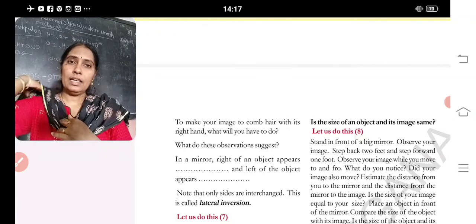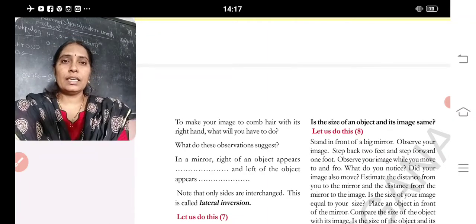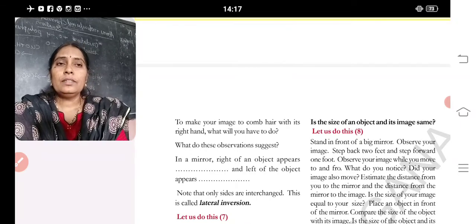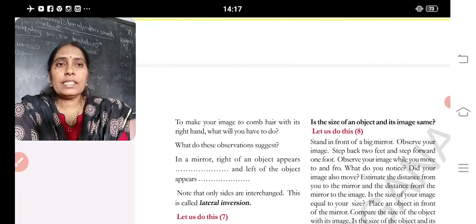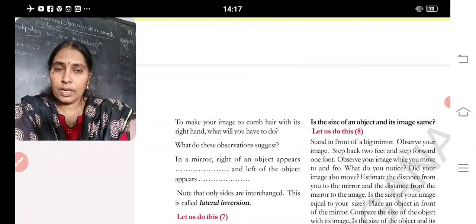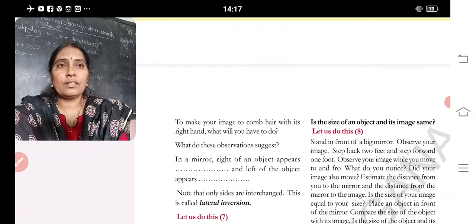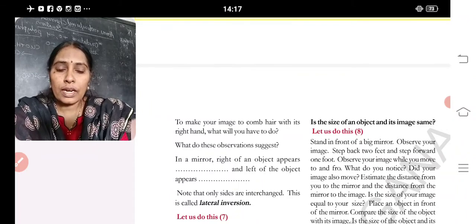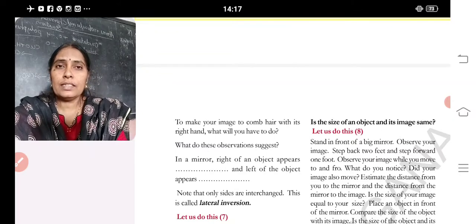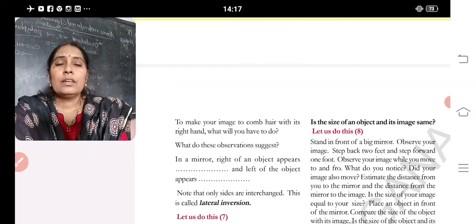That is one topic we discussed. The next is that if we raise our right hand, it looks like the left, and the left hand looks like the right. This shows it is a lateral inversion. If right looks left and left looks right, this is said to be a lateral inversion.